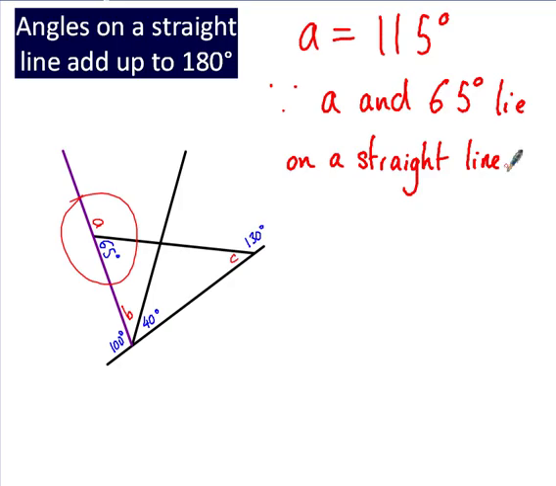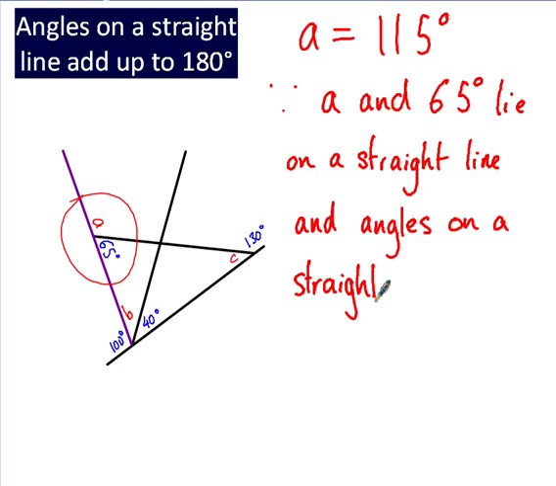Okay. So far that wouldn't get you any marks. What you need to do is to go on to say the following. And angles on a straight line add up to 180 degrees.